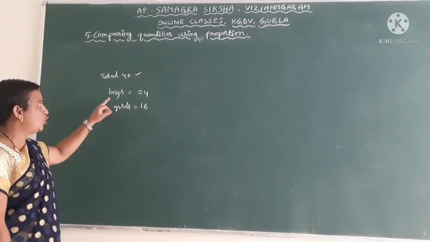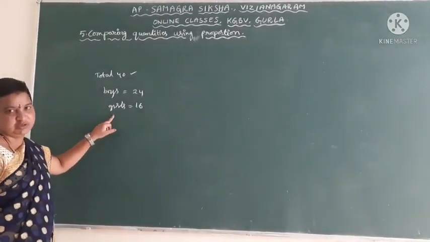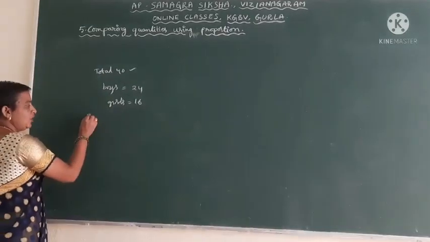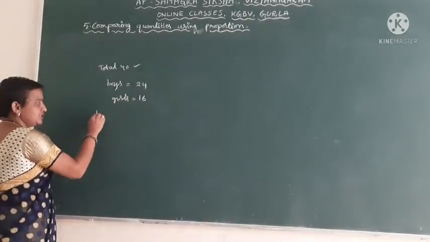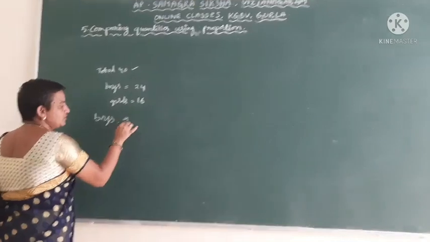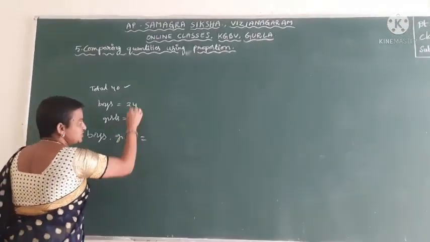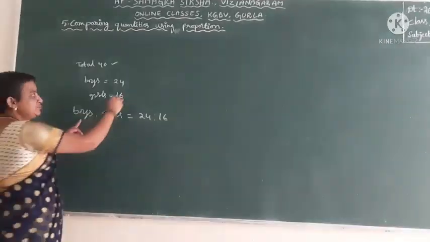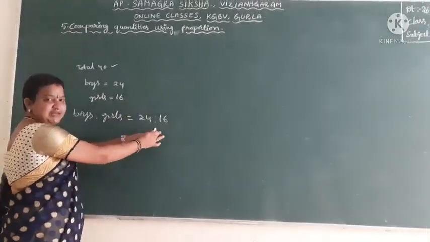What is the ratio of boys to girls? Now we have to find the ratio of boys to girls. Boys is to girls is equal to 24 is to 16, because boys are 24 and girls are 16.